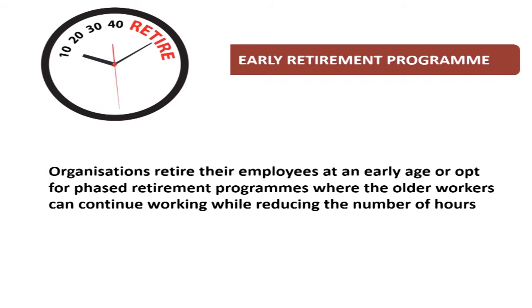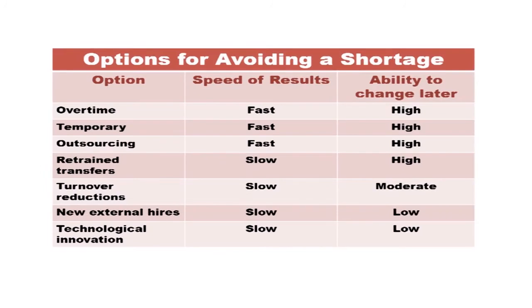Now let's look at the second table, which shows the strategies to deal with labor shortages. The first column shows the various options available, that is, overtime, temporary employees, outsourcing, retrained transfers, turnover reductions, new external hires, and technological innovation.